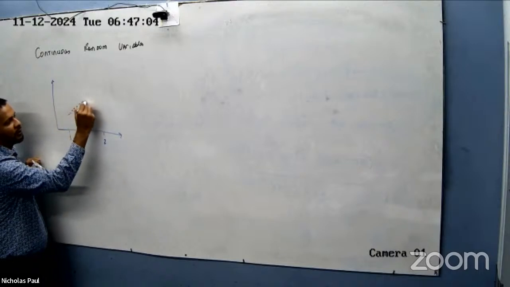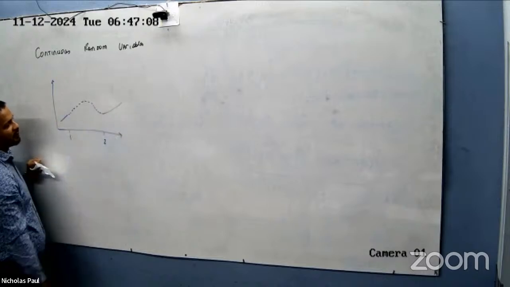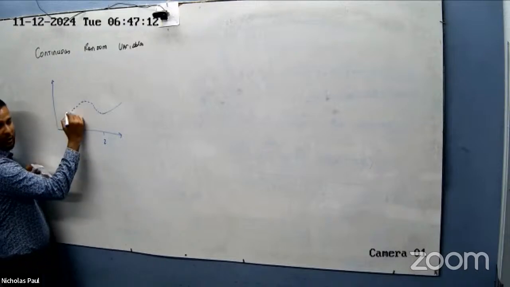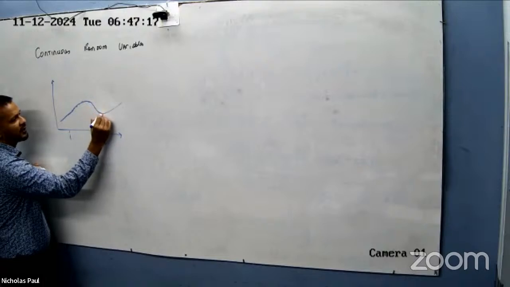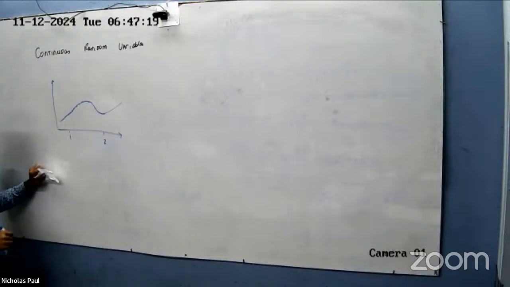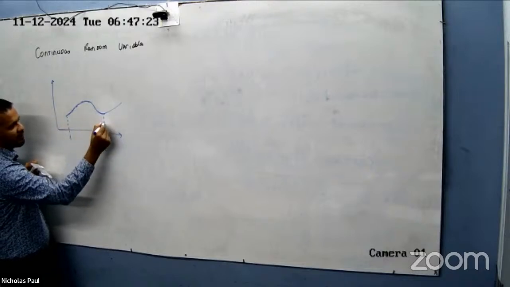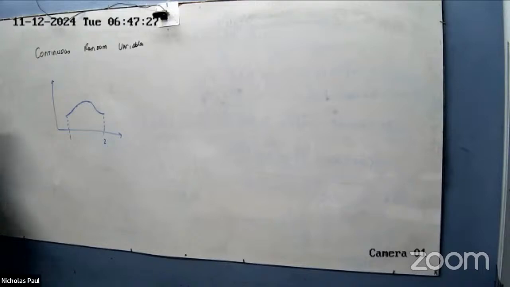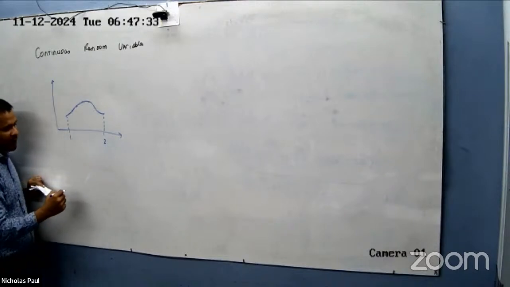So it might follow something like that, and you might get a distribution looking like this. This is called a continuous random variable, where you can take any value between here and here. That's okay? Now that it's continuous, we can't go and do a little table.